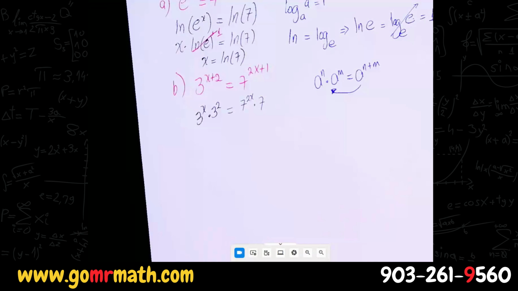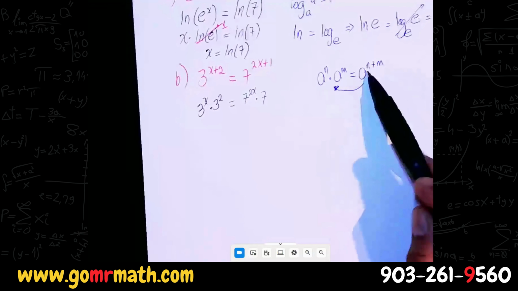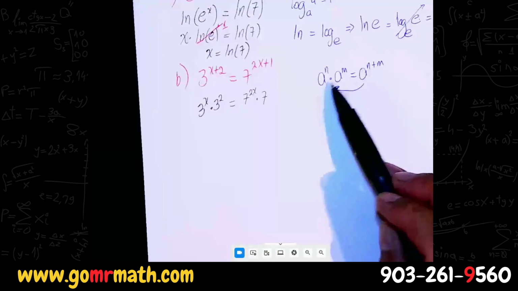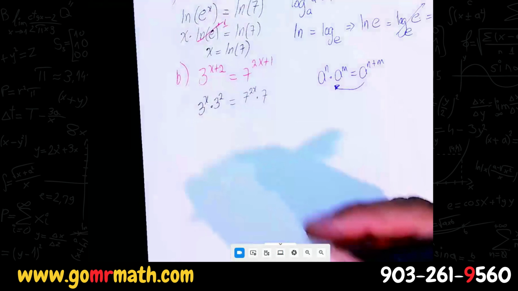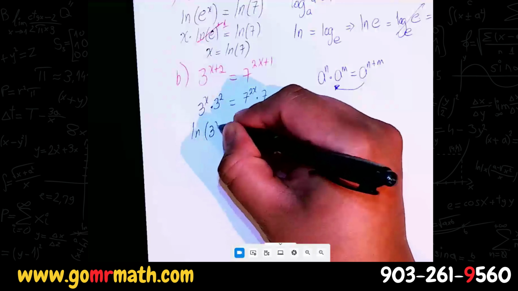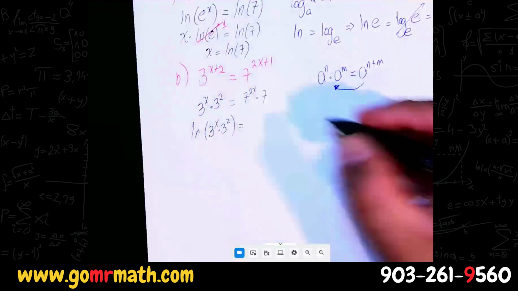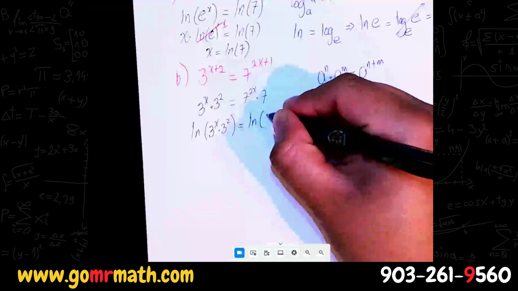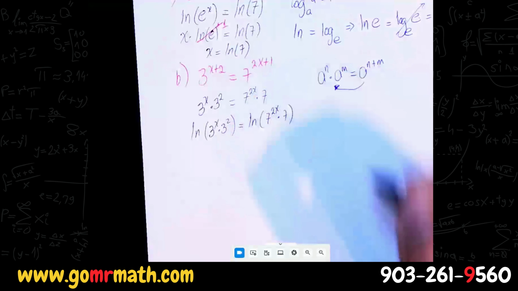Remember, we're going backwards right now. We're going from this expression to the multiplication of the bases. Now, we can apply natural logarithm on both sides. And then we'll have ln of 3 to the x times 3 squared equals ln of 7 to the 2x times 7.